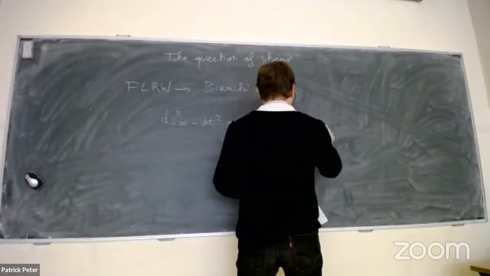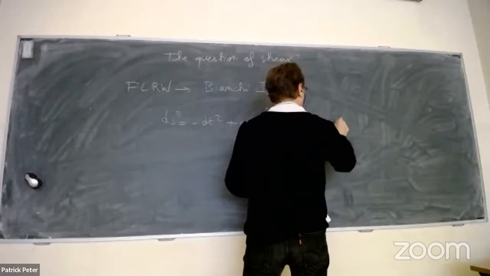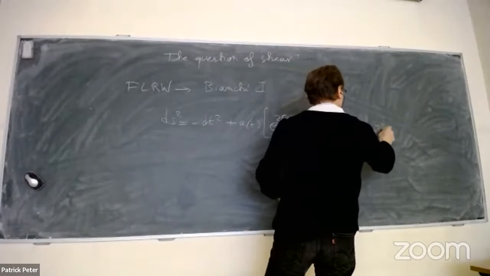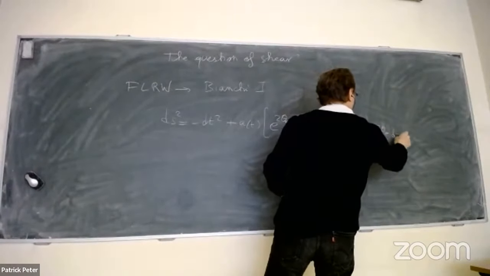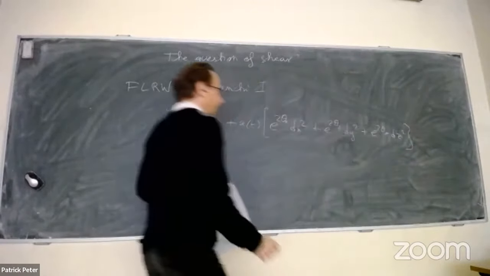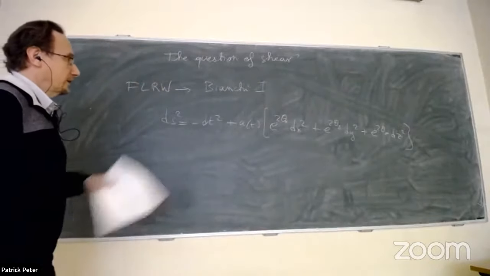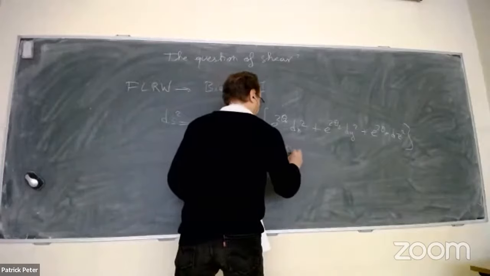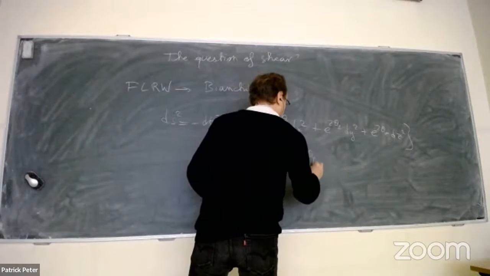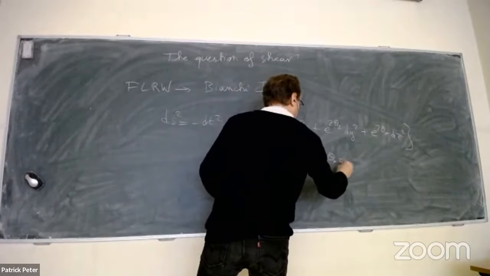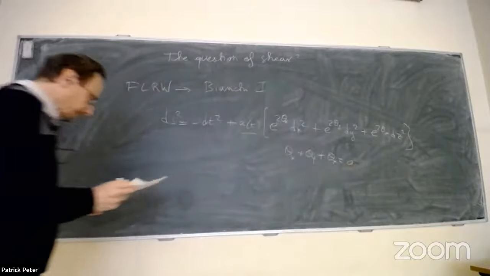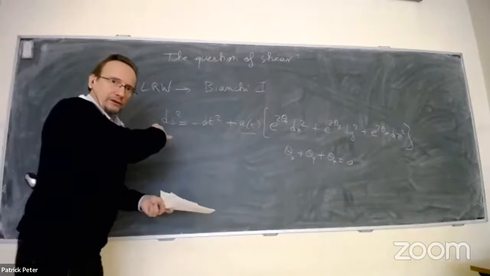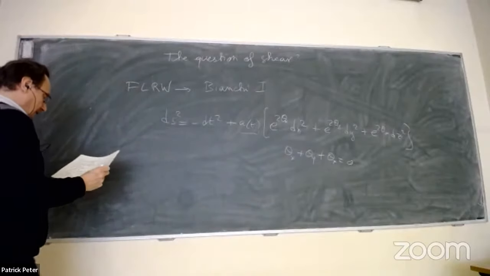And when you do that, of course, you have defined the overall scale factor. So you're saying that theta x plus theta y plus theta z equals 0. Right. So now you plug that into Einstein equations, and you find the following.